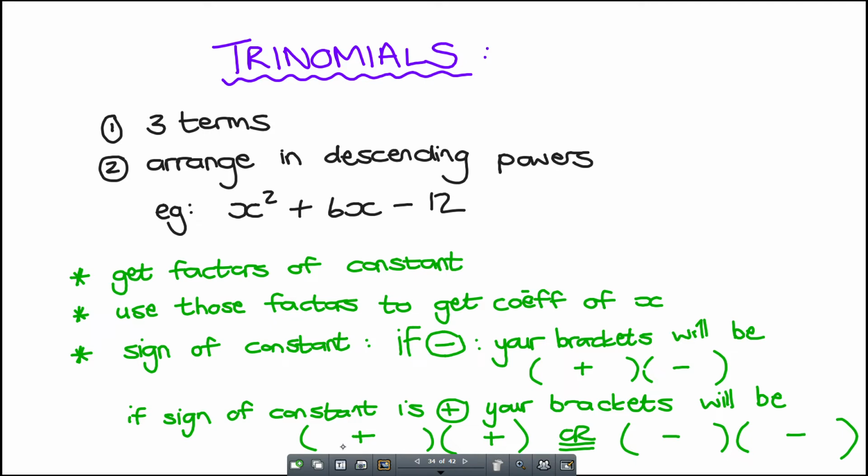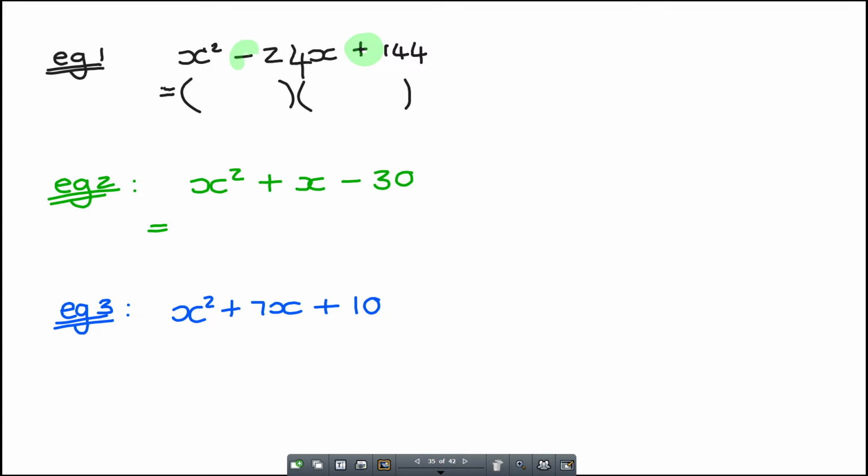It will either be plus plus or minus minus. So how do we decide which one of the 2? We look at that coefficient. And because that is a negative, I know my 2 brackets will both have minuses. So that's my first step. I know it's going to be x minus something and x minus something.